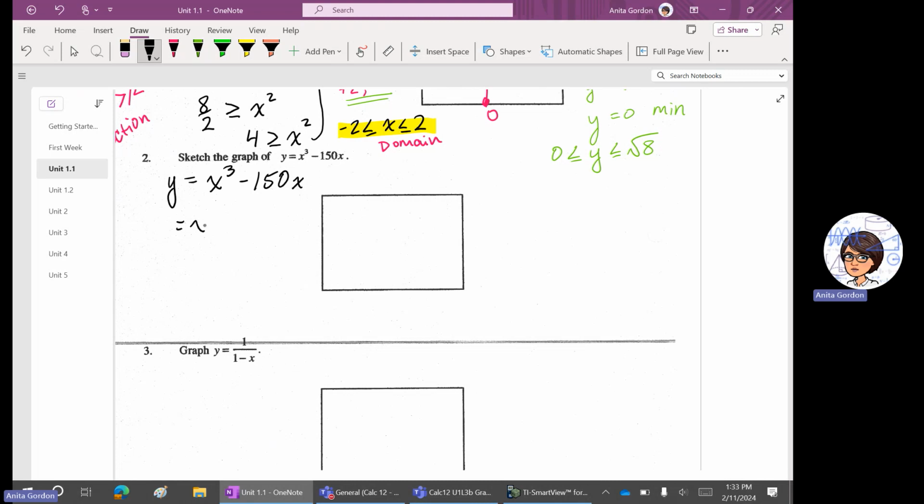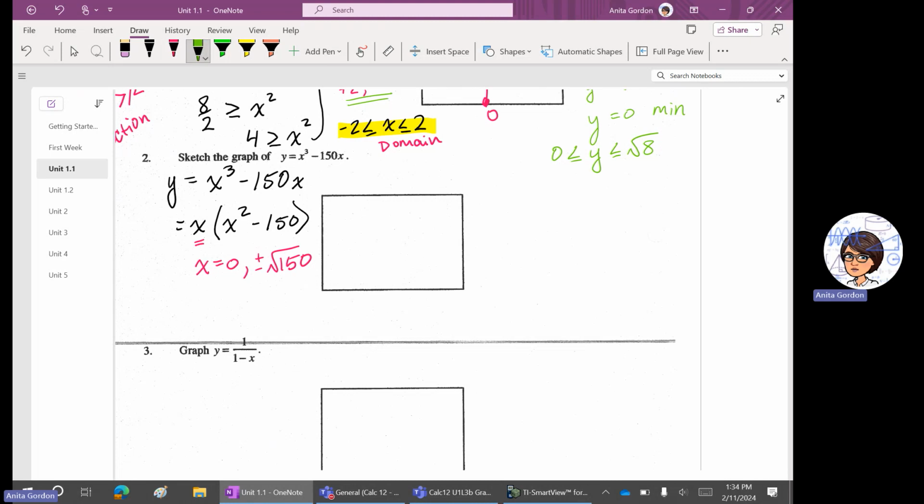So if I factor this, I can only factor 1x. x times (x squared minus 150). So I have roots at x equals 0 and positive and negative square root 150. Those are my key points in terms of the domain.